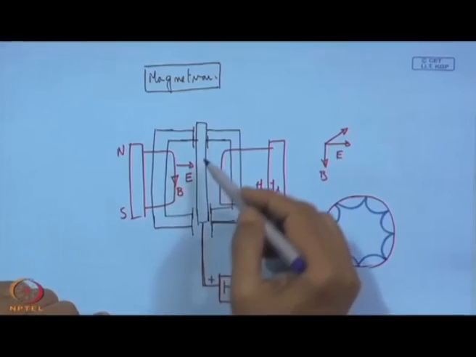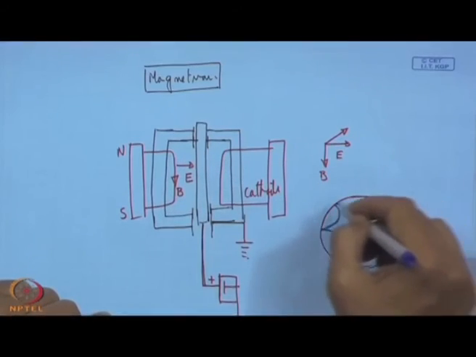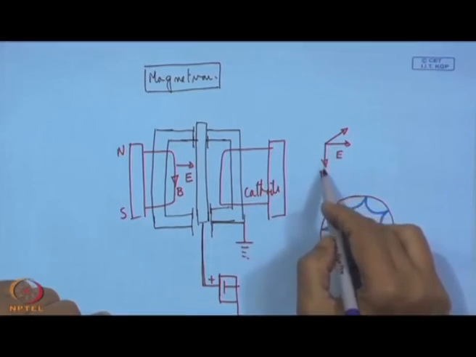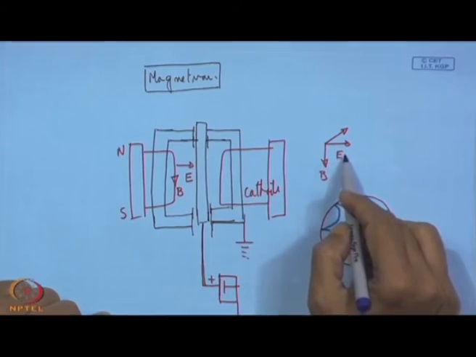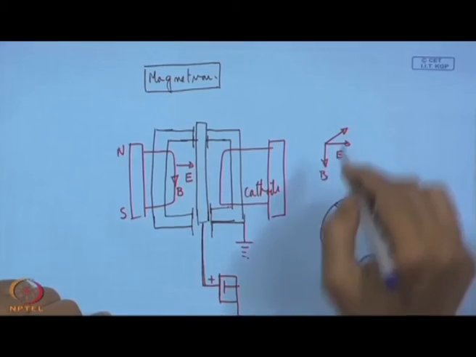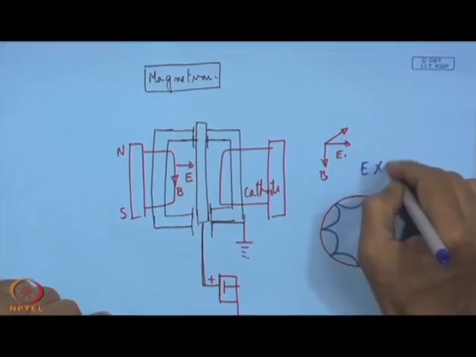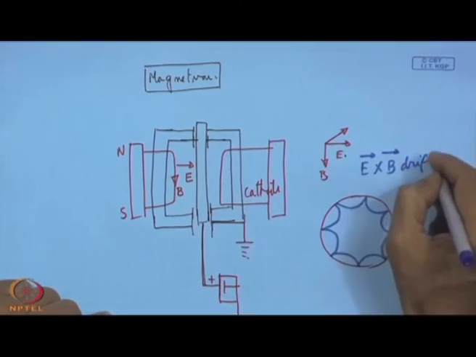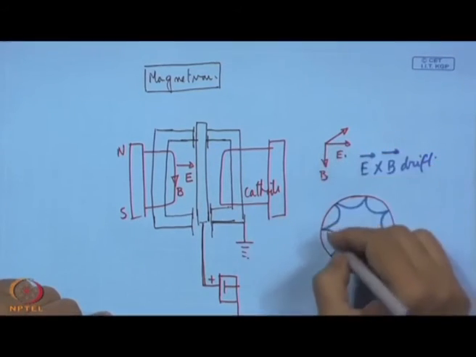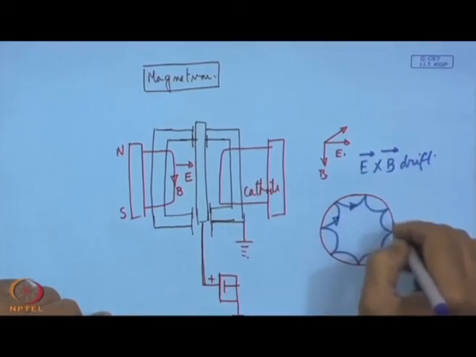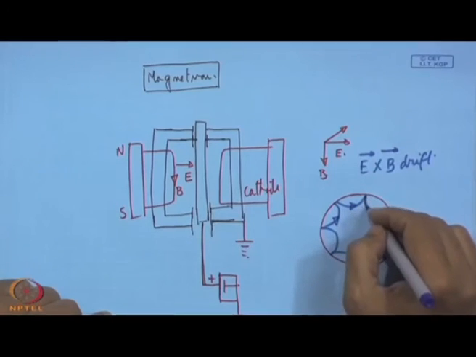This is already a drift motion, and this electron will have one orbiting motion, and further, because of this electric field and the magnetic field, because of this E×B drift, we have a drift motion. So, it is clockwise. So, naturally this will go this way. So, along with this circular motion, it has a cycloidal motion.